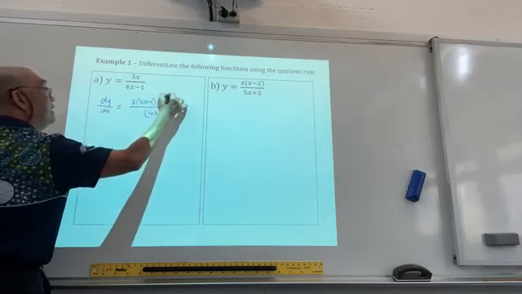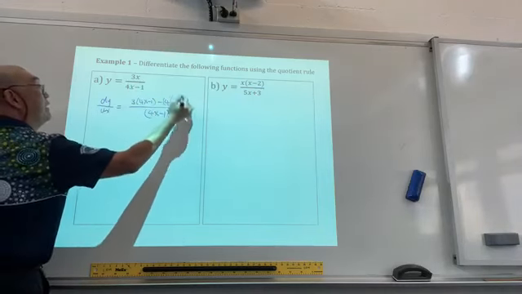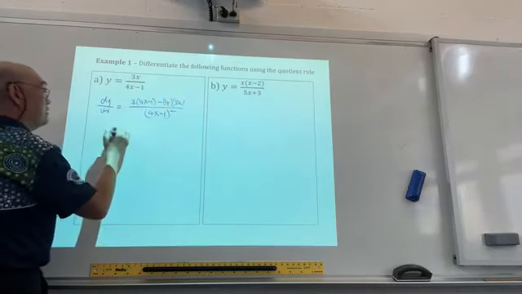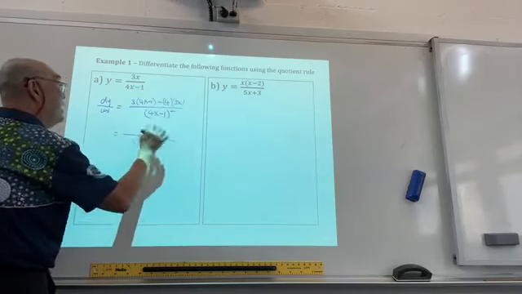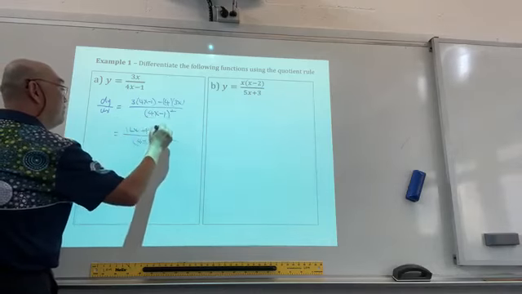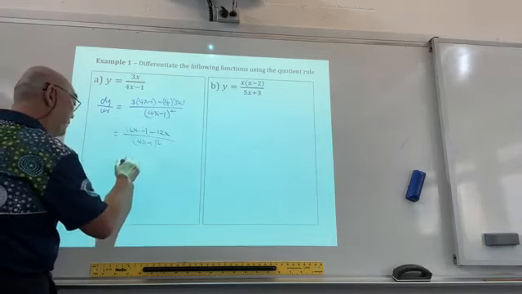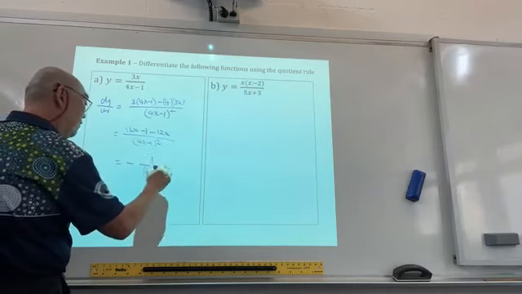Take away the derivative of 4x minus 1, which is 4. Put a bracket in, so that you know what's happening with the negative, times 3x. So therefore, I now have (4x minus 1) squared, 12x minus 3 minus 12x, which means I've got to take away 3, over (4x minus 1) all squared.